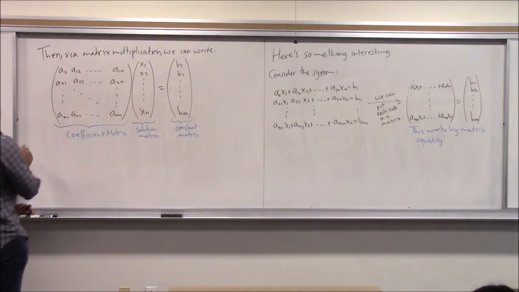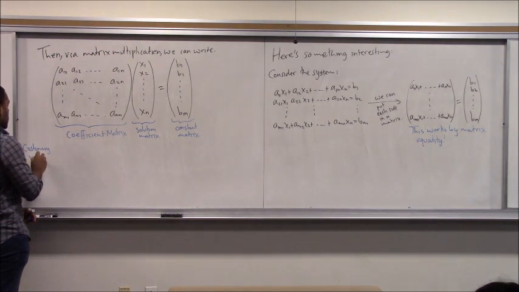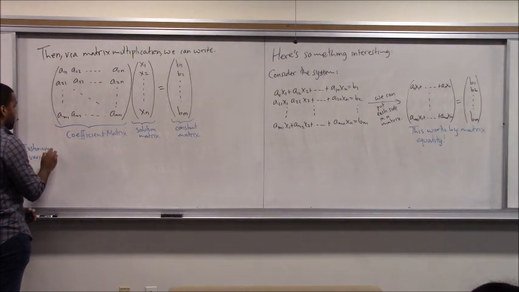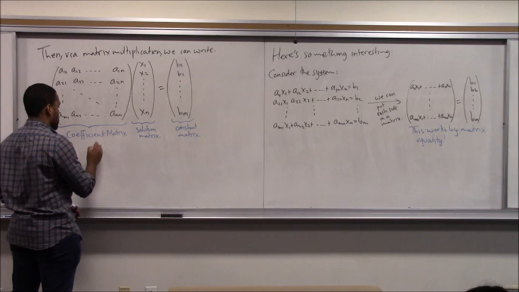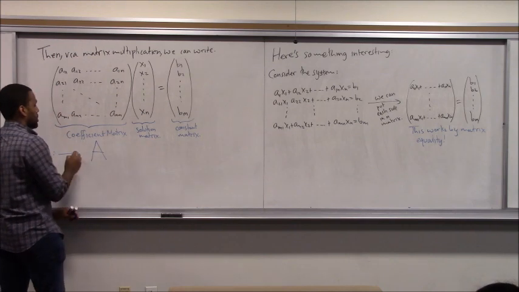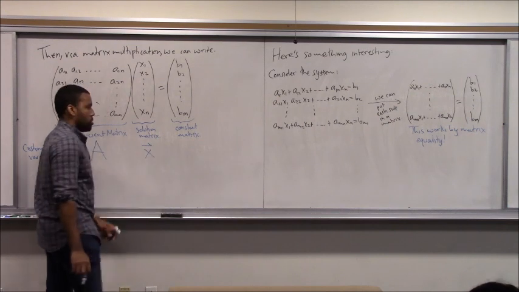And there are very customary variables here. This is what they're commonly called. You would call the coefficient matrix big A. You would call the solution matrix X with a little arrow over it.